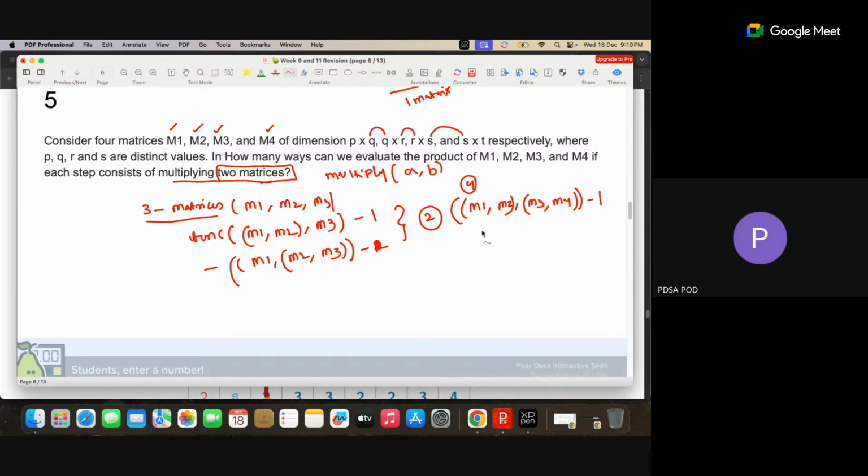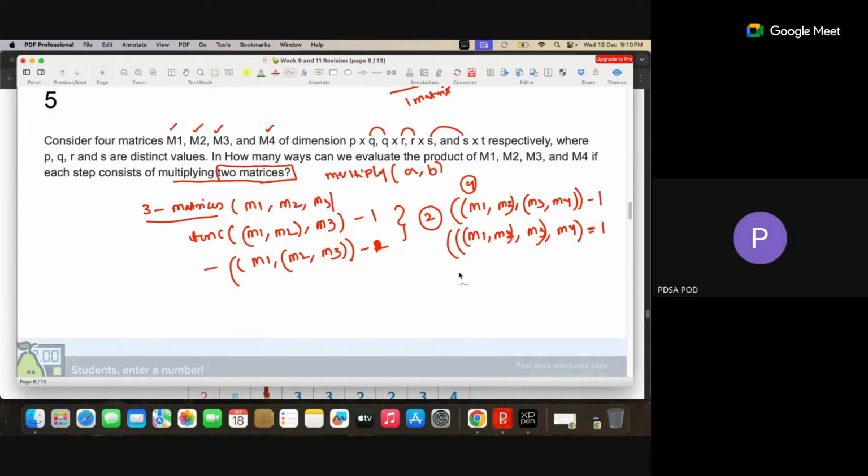For the second way, we take M1, M2, M3, M4. First we multiply M1 and M2. Then we multiply whatever result we got with M3, then with M4. So we got another way.